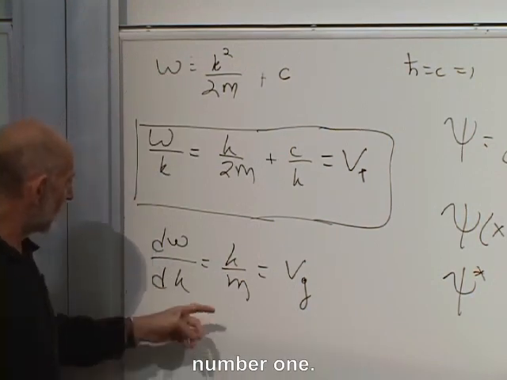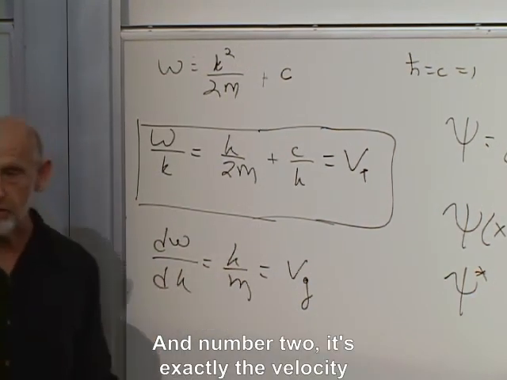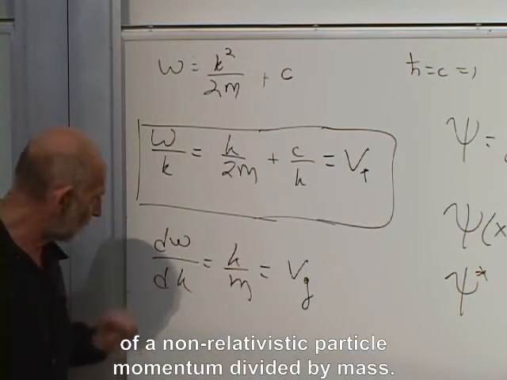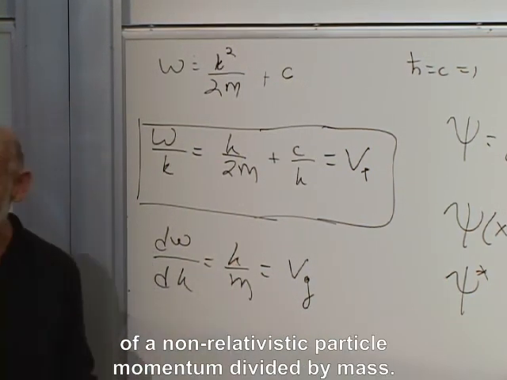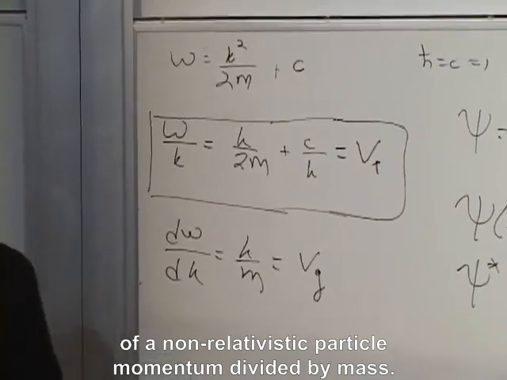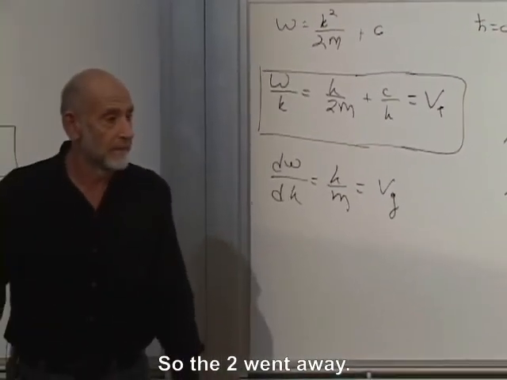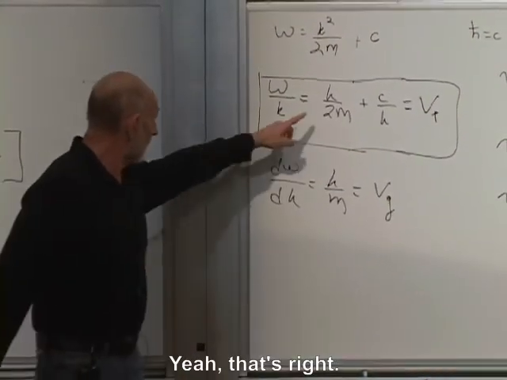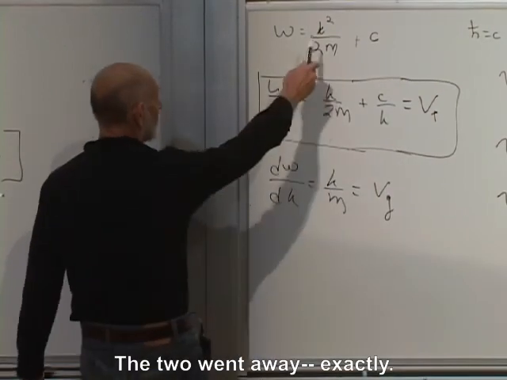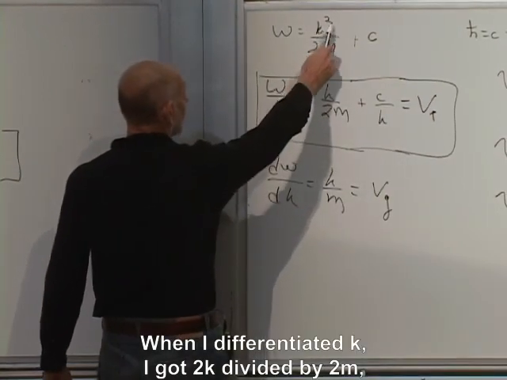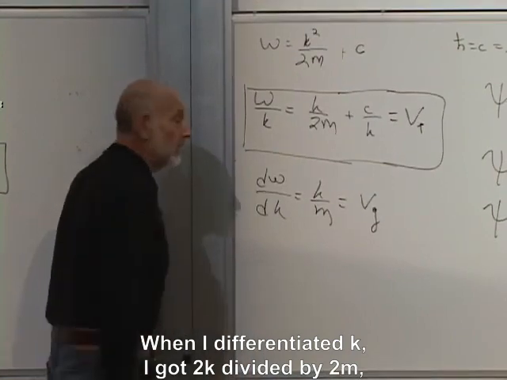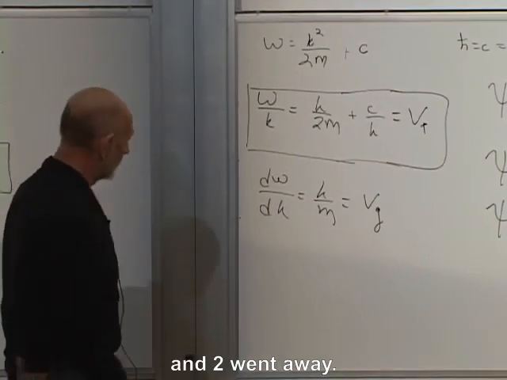And it's exactly the velocity of a non-relativistic particle, momentum divided by mass. When I differentiated, I got 2k divided by 2m, and the 2 went away.